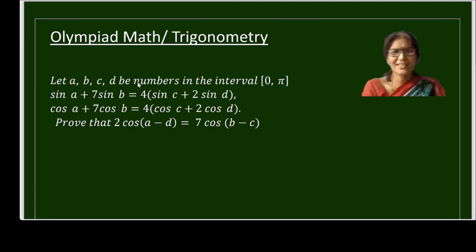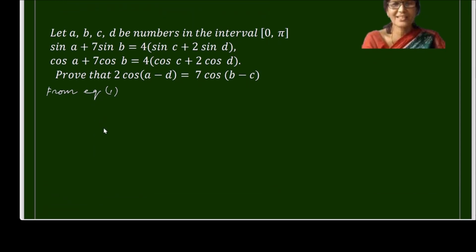To get this proof, I'll take sine A and sine D to one side from equation 1. So from equation 1, I'll simplify by rearranging. So sine of A minus 8 times sine of D. If it is multiplied, it will be 8.